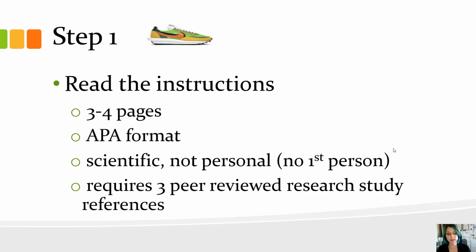And I provided the link to the OWL Excelsior web page, for you to understand how you use in-text citations, as feedback on your first assignment. That link is also available within the Canvas instructions of the assignment. So please click on the link to figure out how you're going to use the in-text citations of those 3 articles that you're going to be referring to when you're writing your paper.